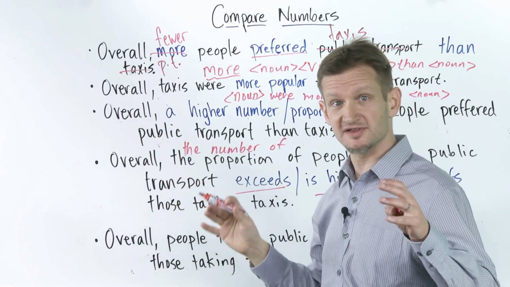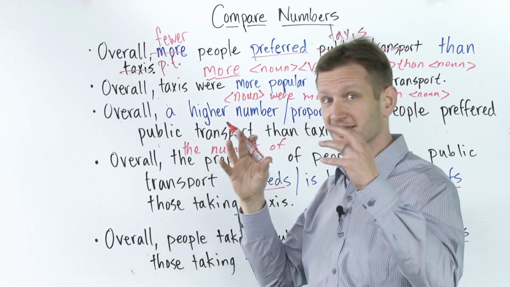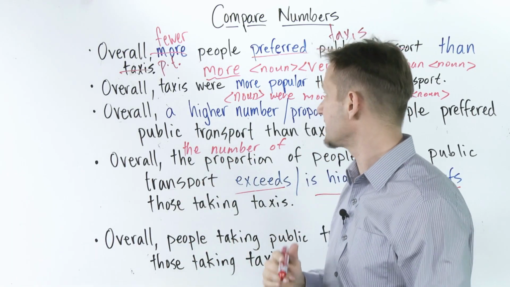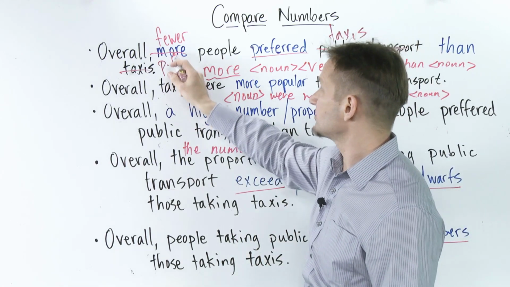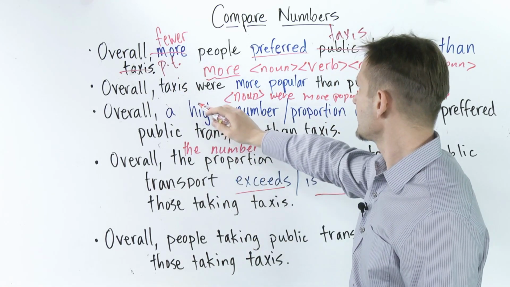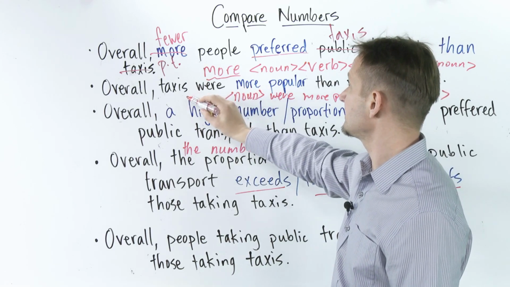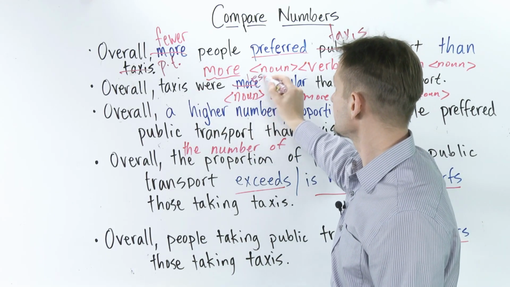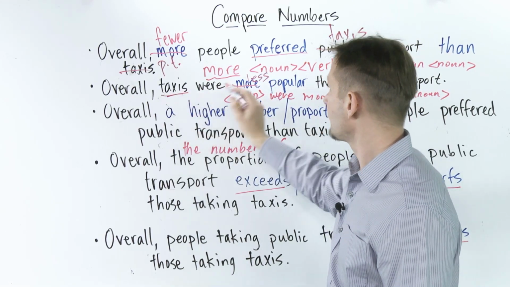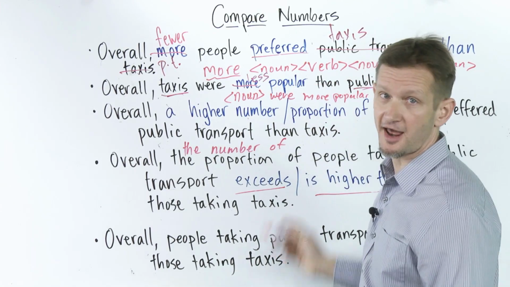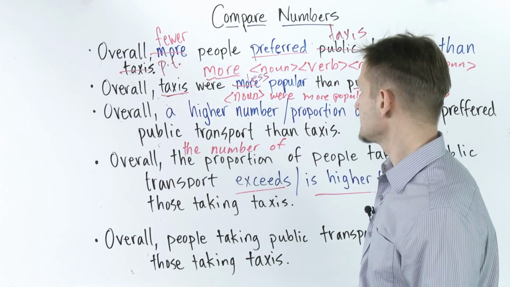So we change some words in the sentence, but it means the same thing. The meaning of the sentence is the same. So more we change to fewer. Now here we can do the same thing. We can just say less popular, right? The noun was less popular than the other noun, right?